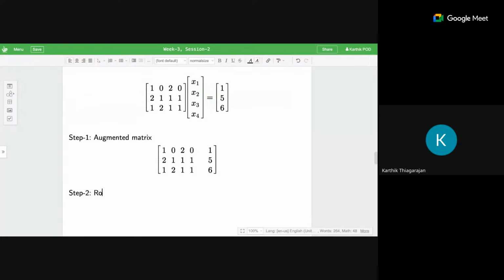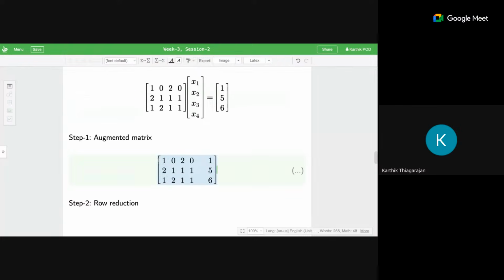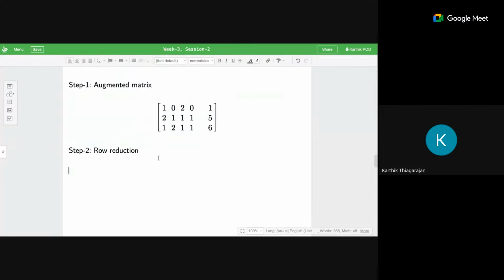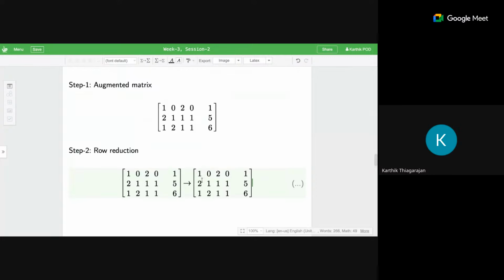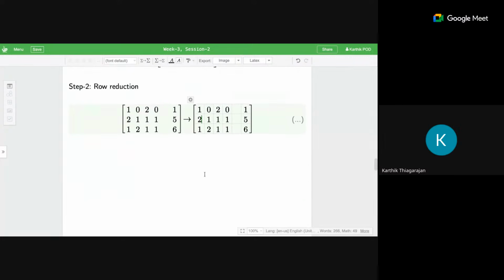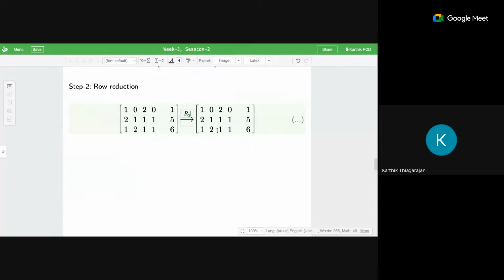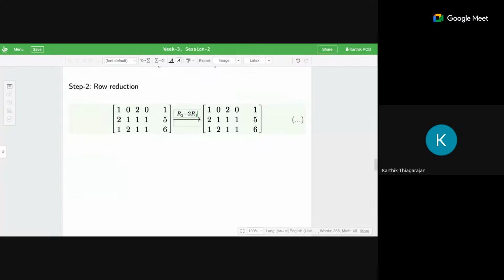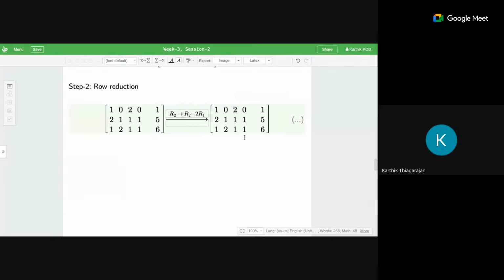So we'll go all the way to the row reduced echelon form very quickly. Okay, so this is where we start, and what can we do first? R2 minus 2R1. R2 is R2 minus 2R1.